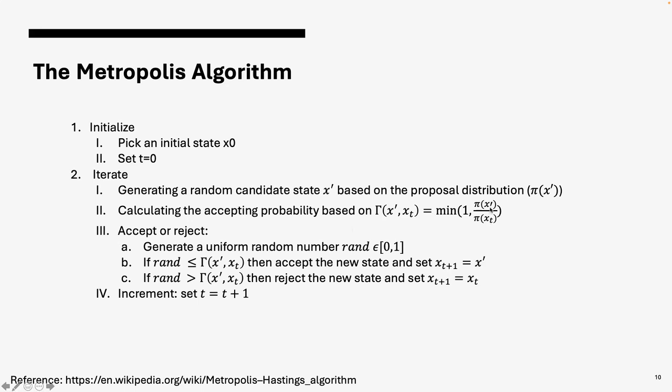This ratio depends on the current state and also the randomly generated state. Then you have to generate a uniform random number between 0 and 1, and then you check whether that random number is less than or equal to gamma.